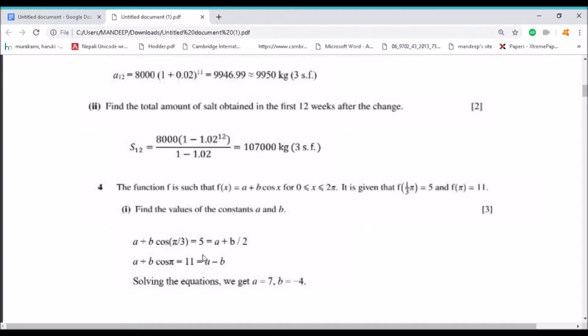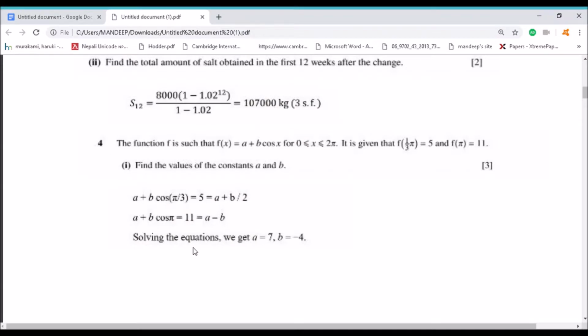After you press menu, press A and press 1, and there will be a number of unknowns, you choose 2 and you can check your answer there. It's better to check your answer every time after you finish solving the question. I do that because I want to be sure. But first do it by your own calculation by hand, and after that use the calculator to check the answer.